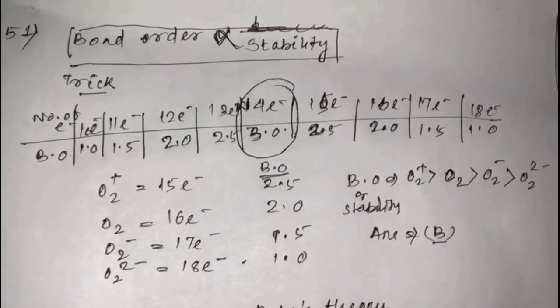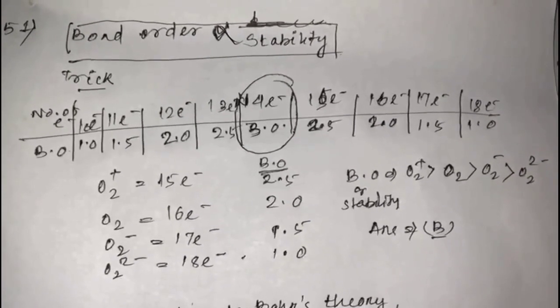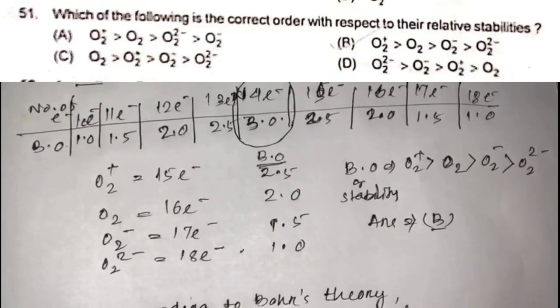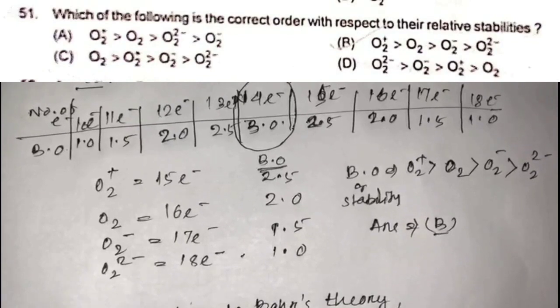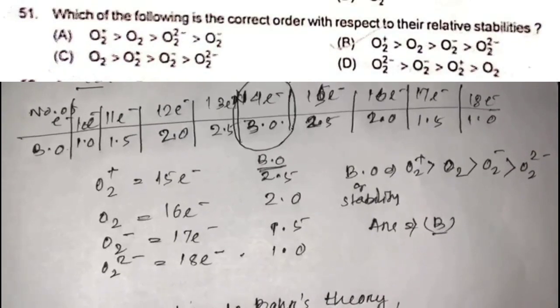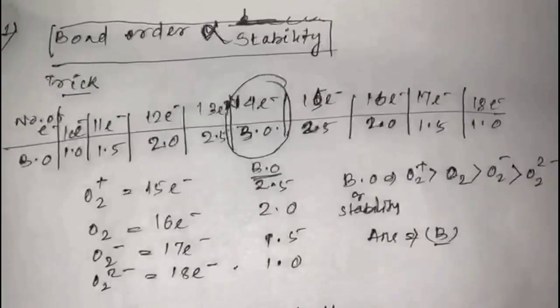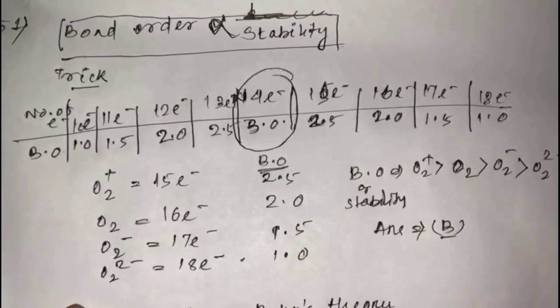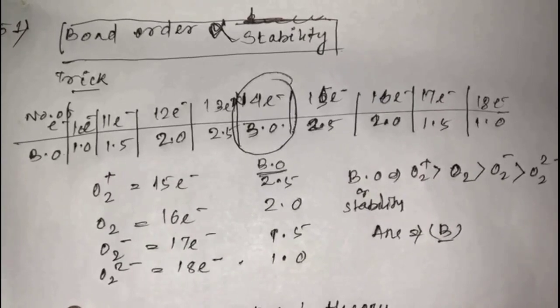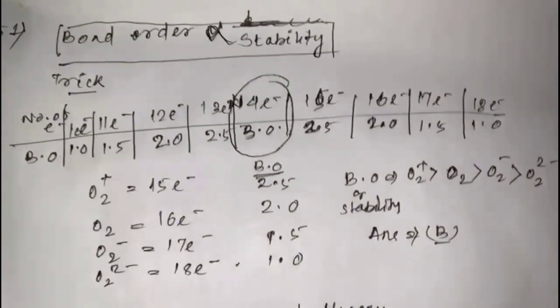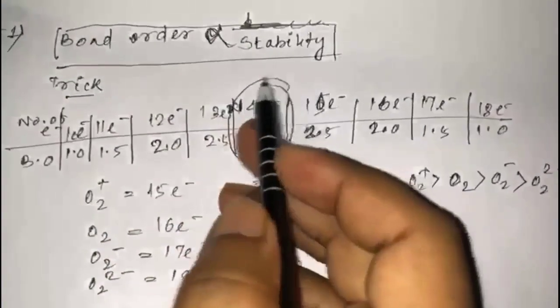Next, question 51. This is from the chemical bonding chapter. The question asks, which of the following is the correct order with respect to relative stabilities? Before that, I have to say some basics or some tricks about the stability and calculating the bond order. See, the bond order is directly proportional to stability.